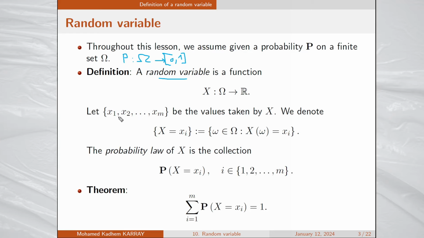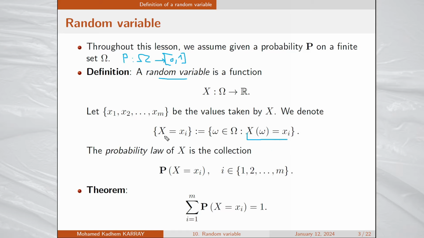Let's denote by x1, x2, ..., xm the values taken by the random variable X, or by the function X. In this case, we denote {X = xi} as the set of omega within the universe such that the value of the random variable equals xi.